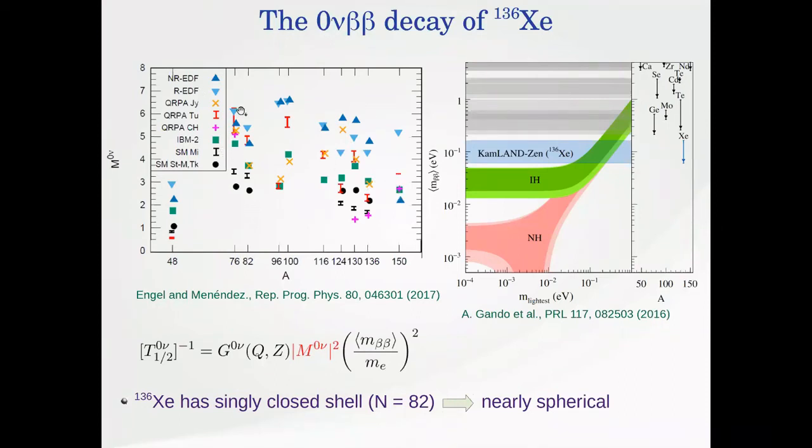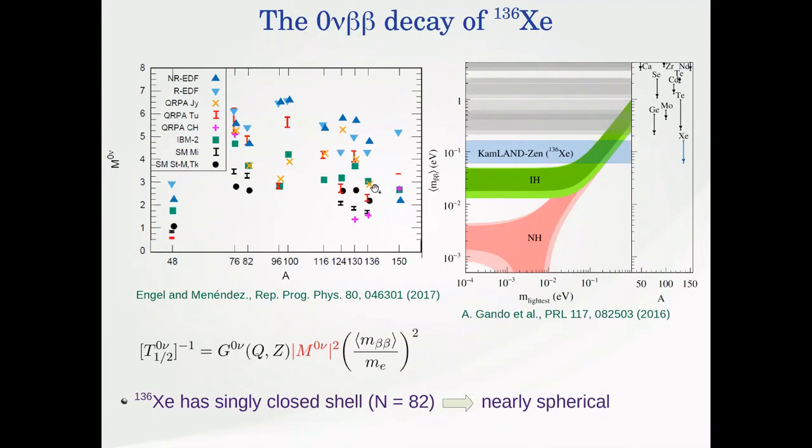So here there are several theoretical tools, many body approaches used to calculate these neutrinoless double beta decay matrix elements. There's a non-relativistic energy density functional, relativistic energy density functional, QRPA by Vasculla, Tübingen, Chapel Hill, IBM, Shell model, Michigan, Shell model, I don't know where that is, I think it's Strasbourg, Madrid.